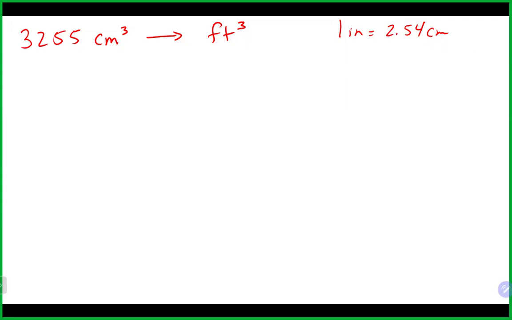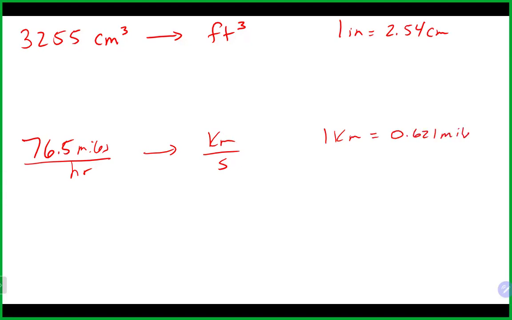And why don't you also do 76.5 miles per hour and convert it to kilometers per second. All right, so take a few moments there and do those conversions. See what you get there.